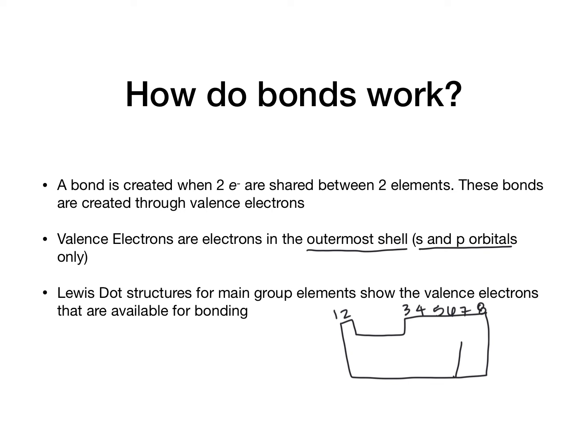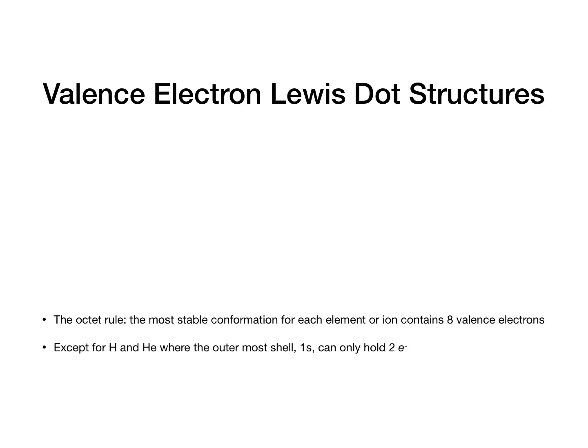And so we can draw Lewis dot structures to identify the Lewis dots. Let's look at these for all of the elements in the second period. Lithium has 1 valence electron, so you draw it with a single dot.